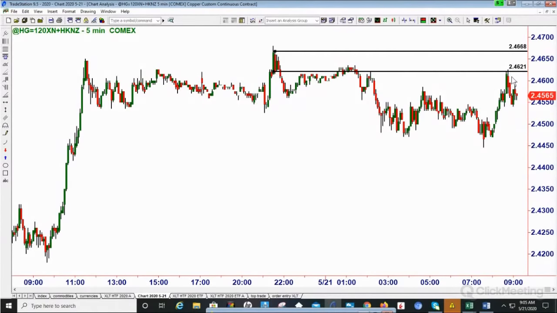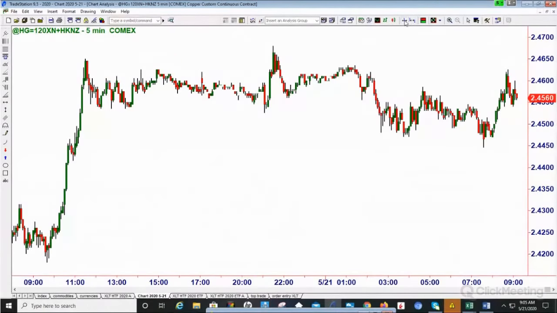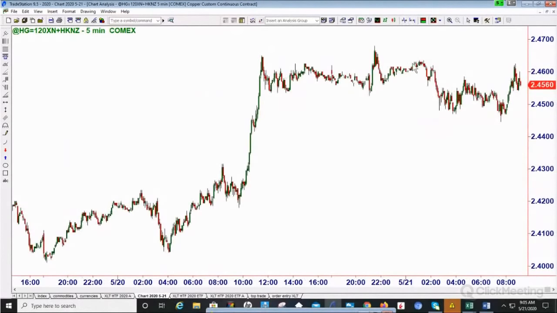So it's a little bit too late now because we already touched it again. We touched it once and we touched it twice. But you can see we are just slowing slightly.